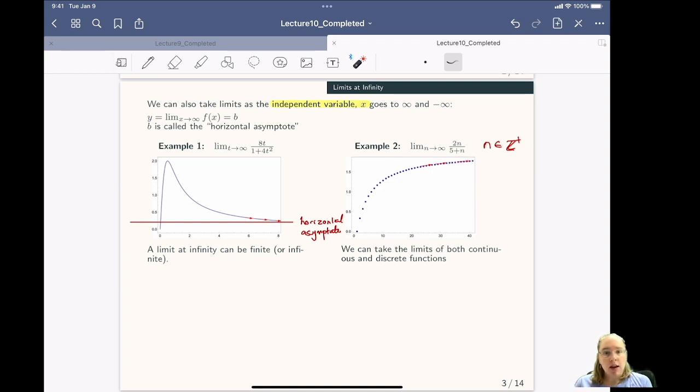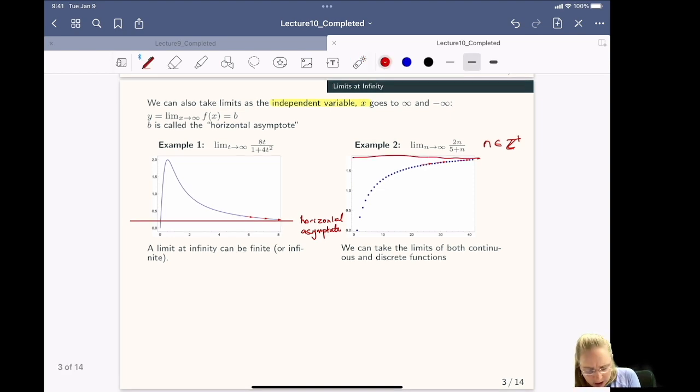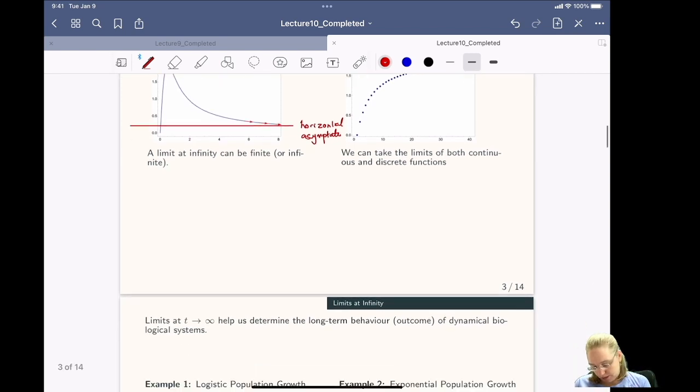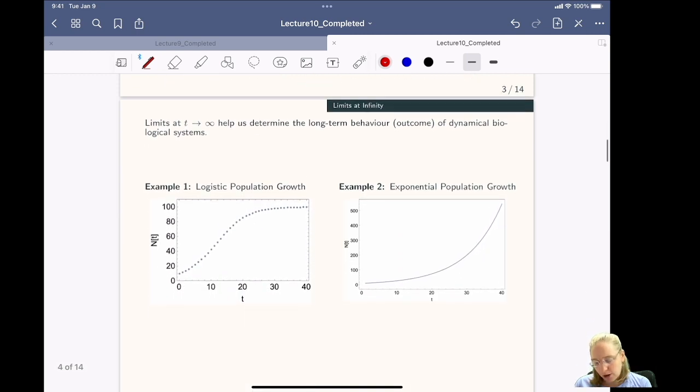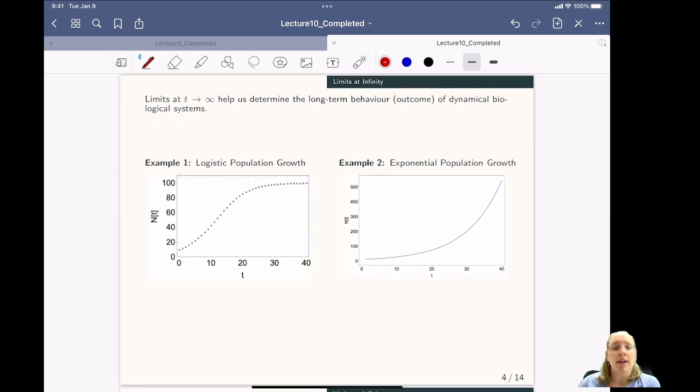All right. So we will come back to these two examples to figure out what these two horizontal asymptotes are by taking the limit. But for now, let's just put in our hat that they do approach a horizontal asymptote.